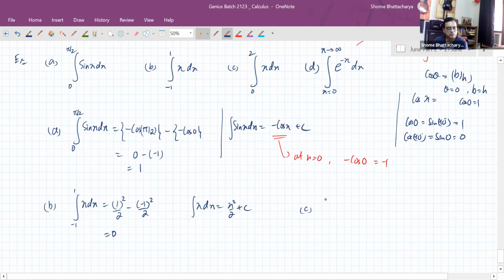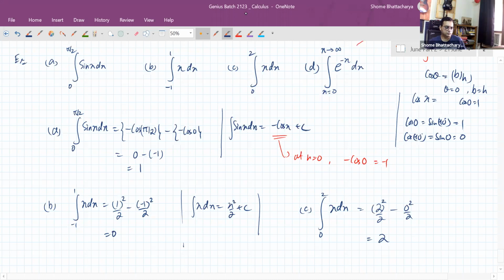Whereas the third one is using the same integration, but with different limits. Is equal to 2. Yes, Nidhi is very good. That's correct. Saina, correct.